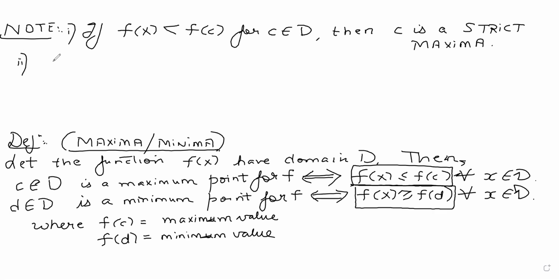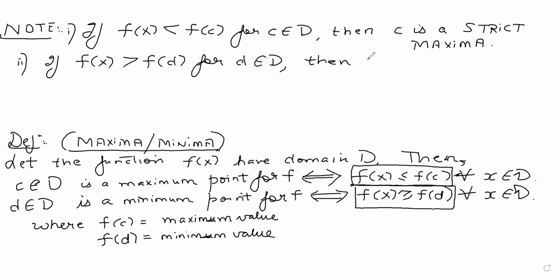Similarly, guys, if f of x is strictly greater than f of d for the point d lying in the domain capital D, then we say that d is a strict minimum.